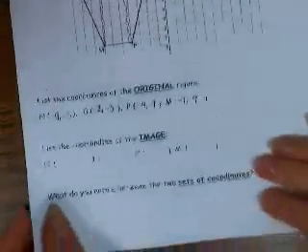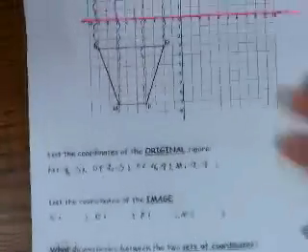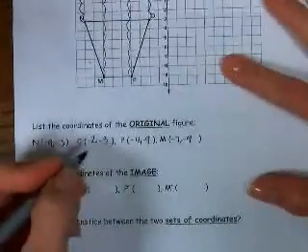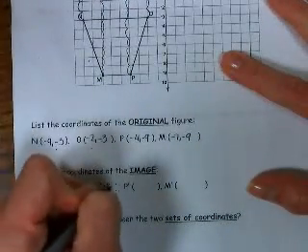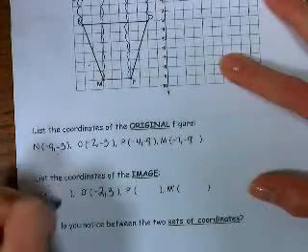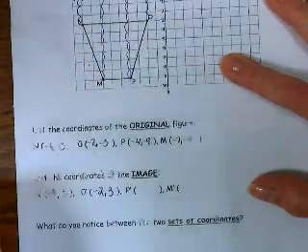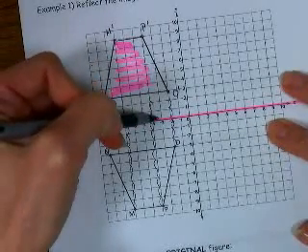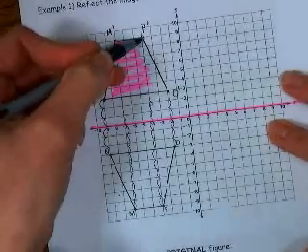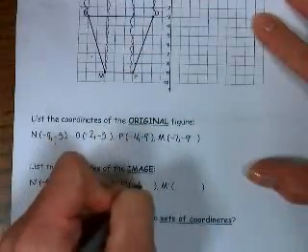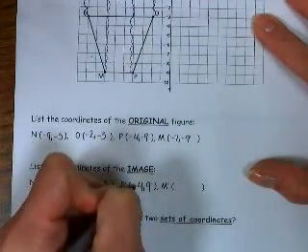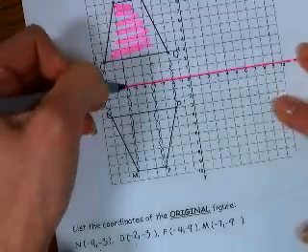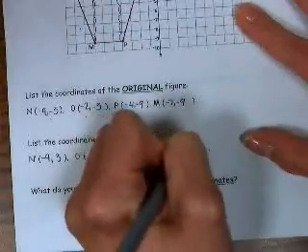So let's list the coordinates of the image. O prime is going to be -2, 3. N prime is going to be -9, 3. P prime is going to be -4, 9. And M prime is going to be -7, 9.